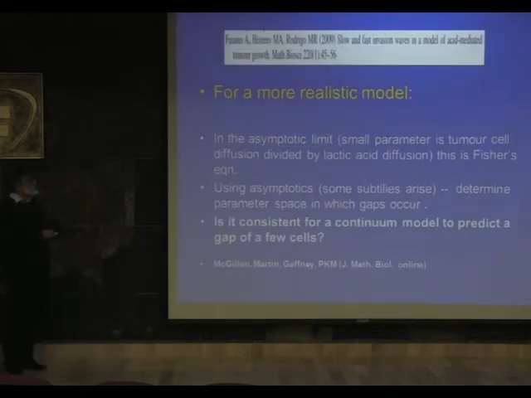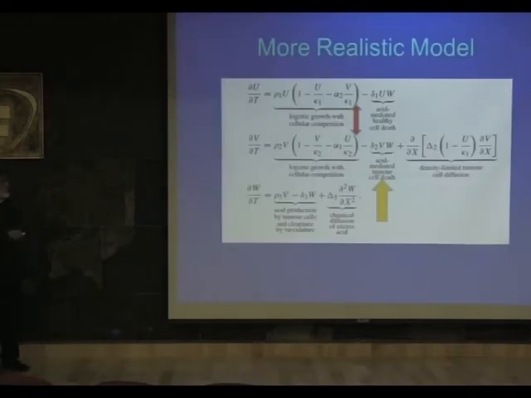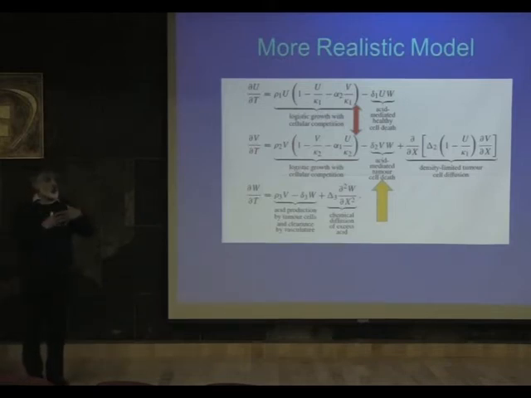So what we did was, actually, there has been some mathematical work done on this, on looking at the traveling waves, and we developed a more realistic model because one of the problems with the original model is it always gave invasion. So you could never have a situation where the tumor died out. And they recognize that. That's very easy to fix by putting these competition terms in.